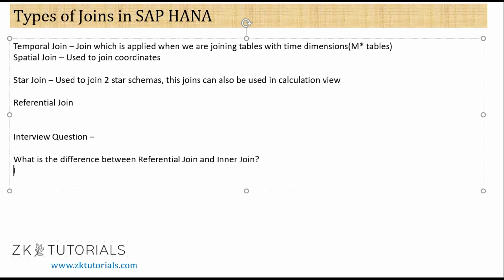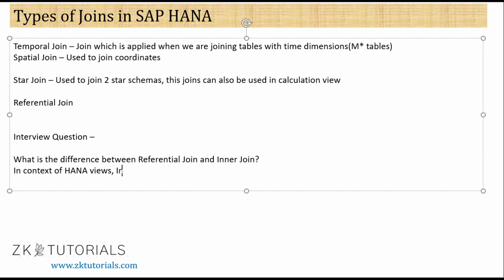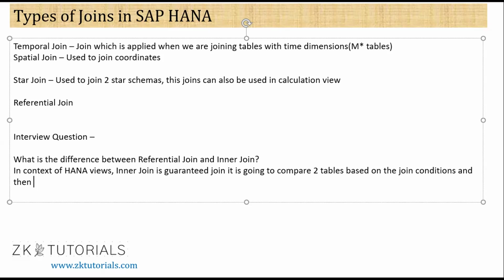So if I write here in context of HANA views, firstly, inner join is a guaranteed join. It is going to compare two tables based on the join condition, and then return the values.